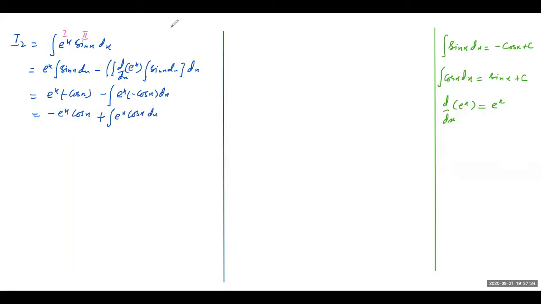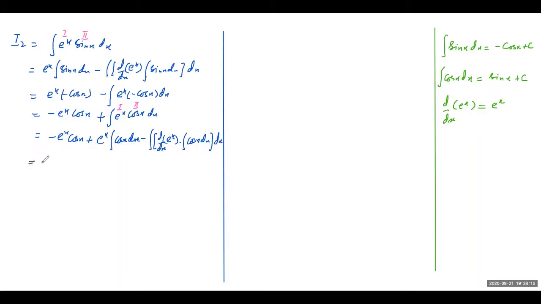Again perform integration by parts using e^x as the first function and cos x as the second function, and we are going to get the integral equals minus e^x cos x as it is plus, we don't need a bracket here, just perform integration by parts. First function constant, integral of second, minus integral, bracket starts, derivative of first function into the same integral cos x dx, bracket close and dx.